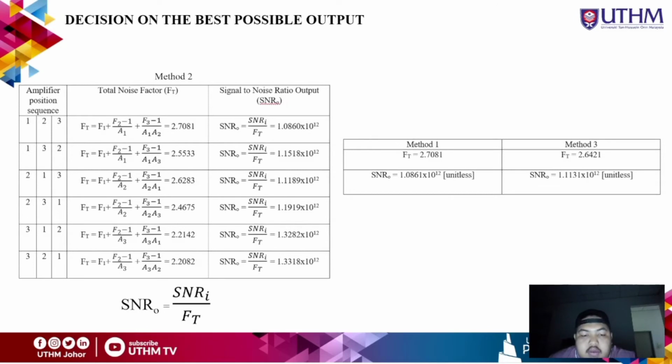Meanwhile, the total noise factor for method 1, which is 2.7081, is higher than the total noise factor for method 3, which is 2.6421. Therefore, it can be concluded that the lower the total noise factor, the higher the SNR output.